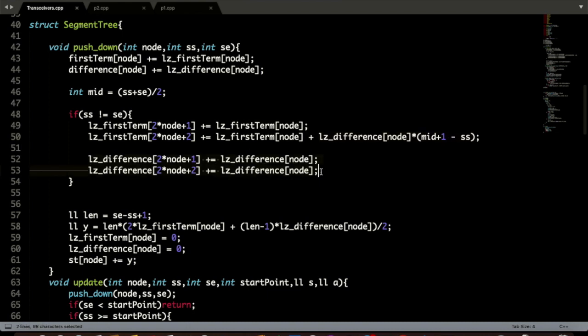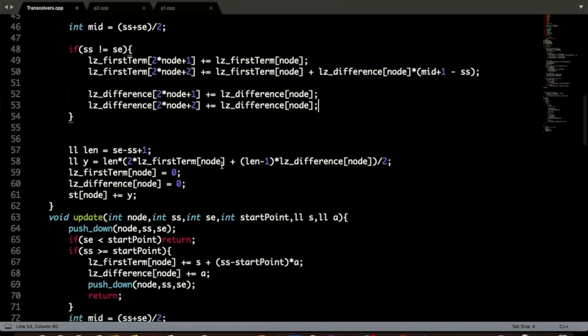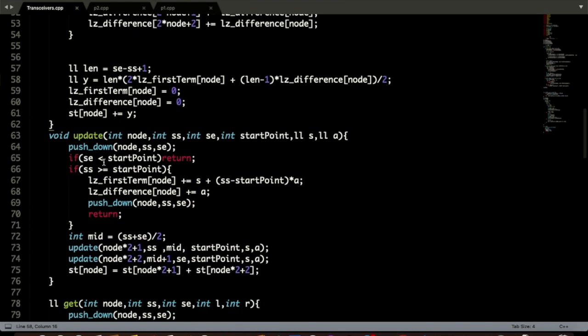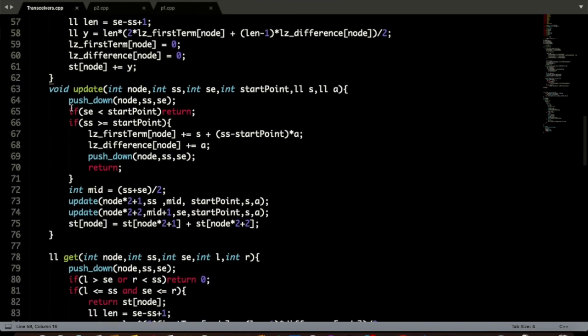For the difference terms, you can just add them as is, and then you set your own lazy values to 0 and add y to your answer, which is st node. Y is the contribution of the AP that was stored in your lazy variables, because that AP is not contributed by the sum of your left and right children till now. So that is what you do in the push down.